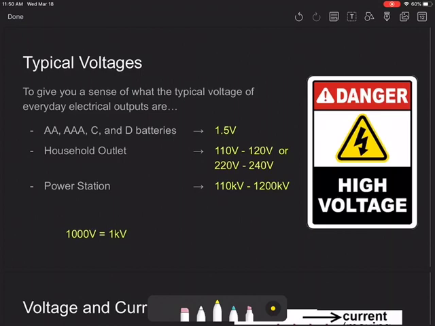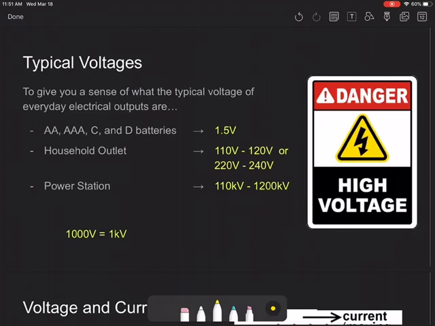Okay, so that's why being shocked by an electrical outlet in your home will give you quite a big jolt compared to a battery, but not as big as something like a power station. If you go to that power station, Grant and Stafford, a power station could have something like 110 kilovolts. And kilovolts is just times 1,000.